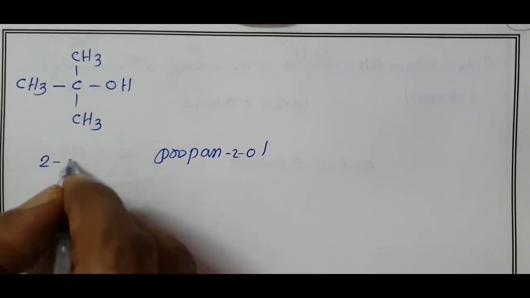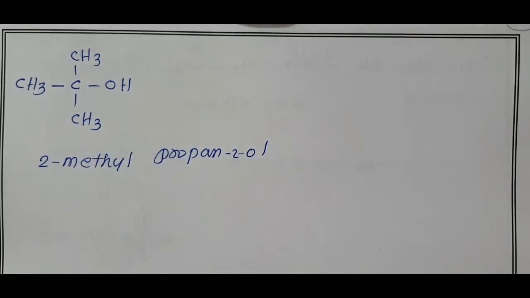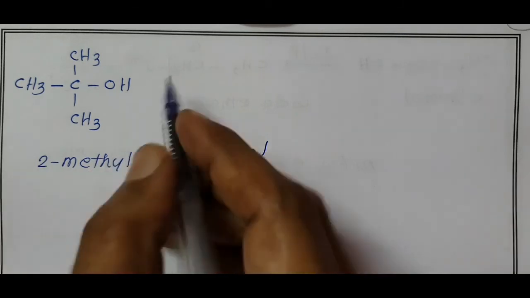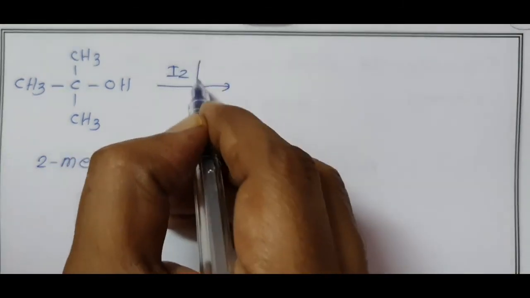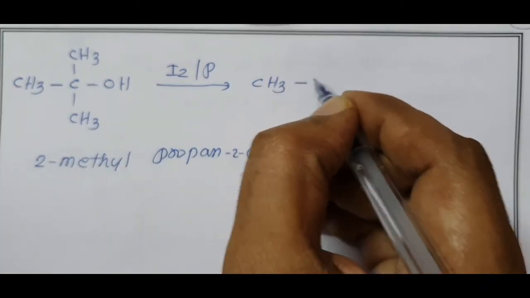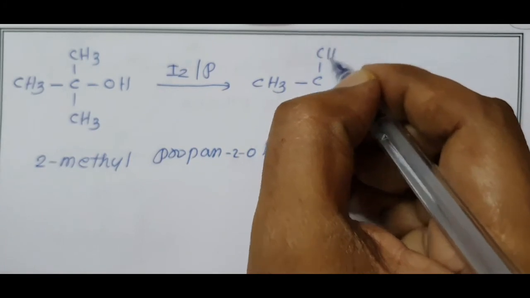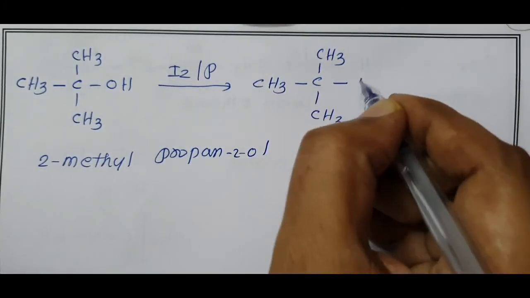In the same second carbon we have methyl. 2-methyl-2-propanol is the IUPAC name of tertiary butyl alcohol. In the first step, when treated with I2 and phosphorus, the OH minus ion is replaced by I minus ion, giving tertiary butyl iodide.